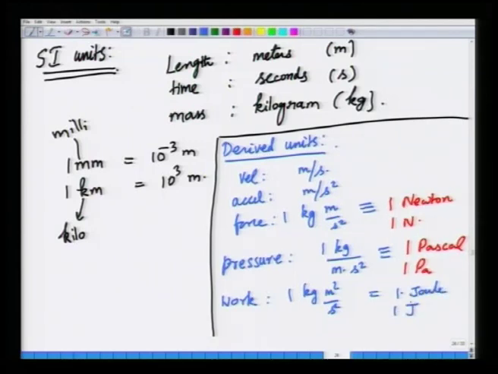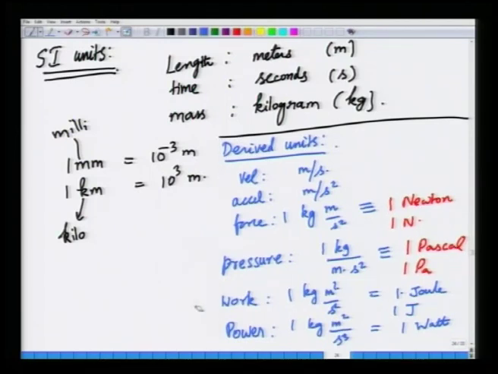And power is the rate at which work is being done. It is therefore 1 kg meter squared per second cubed, which is 1 watt, and so on. And temperature is measured in Kelvin.